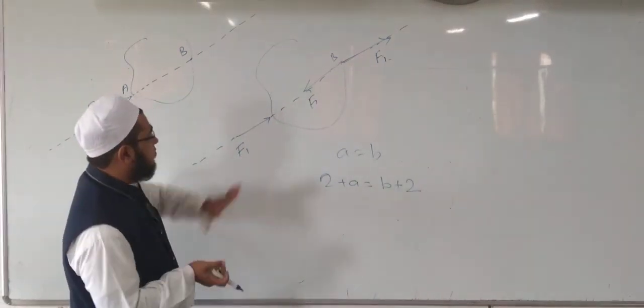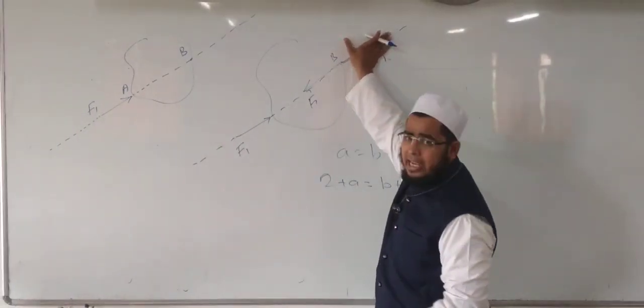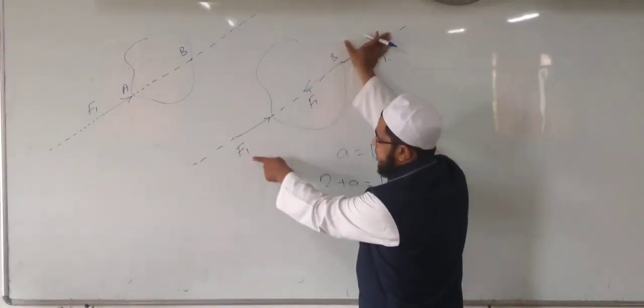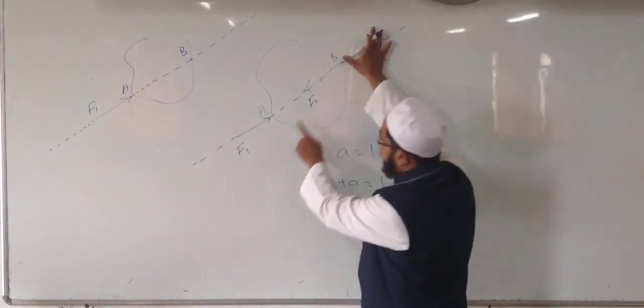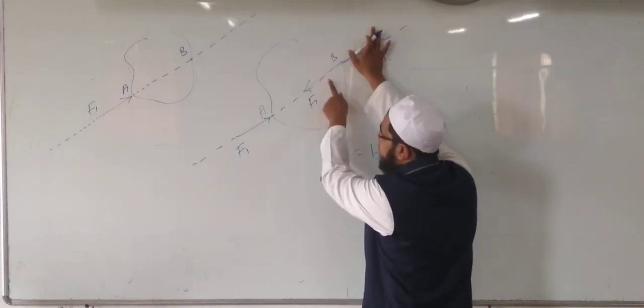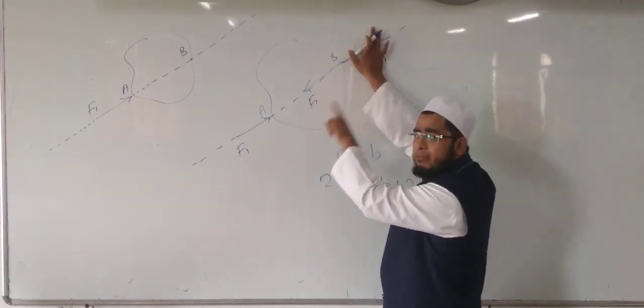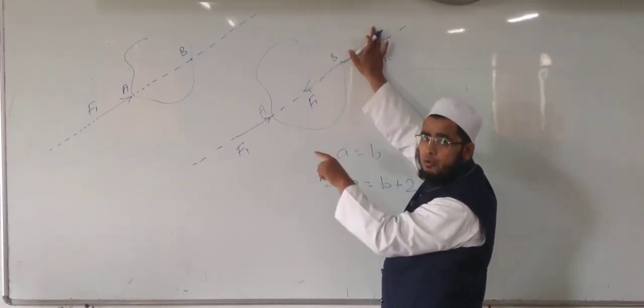Now listen here, hide this third force and see these two forces. Though the point of application is different, this force F1 is acting at A and this force is acting at B, but having the same magnitude and acting along the same line, they are collinear forces.